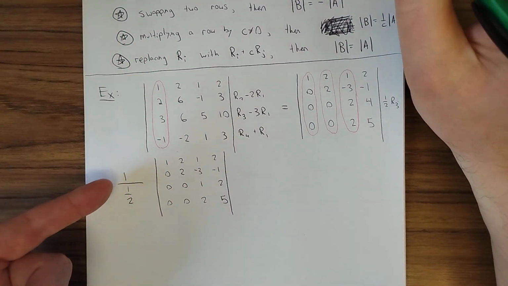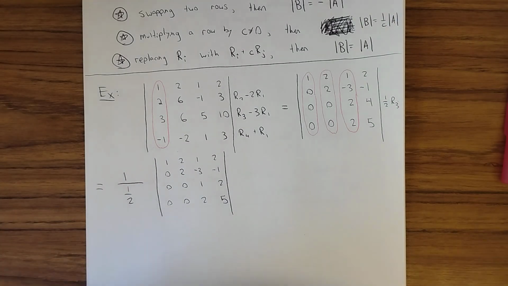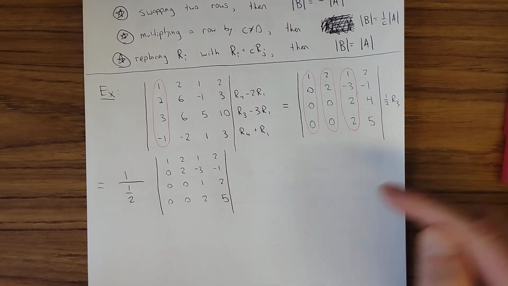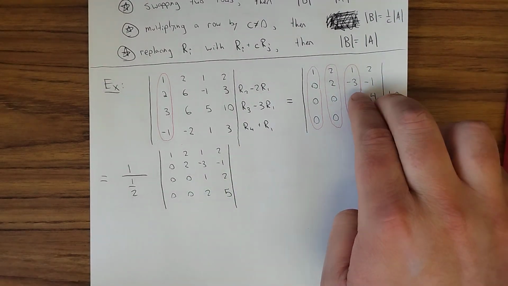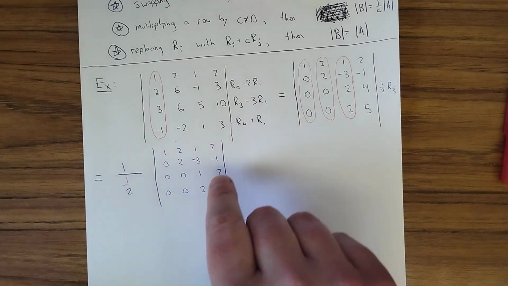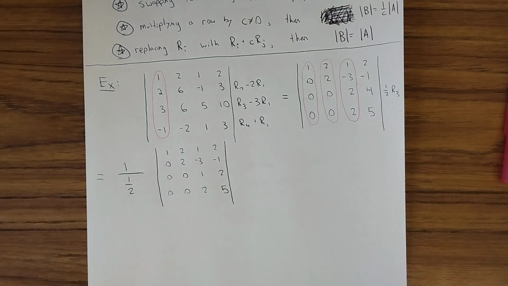By the way, of course, this is just a 2 in front. The way I actually think of this in my head is it's like I'm pulling a 2 out of this row. And if I view it that way, I pull a 2 out, I get a 2, and this is the same as 2. And then I pulled a 2 out, so everything in here is half of what it was.